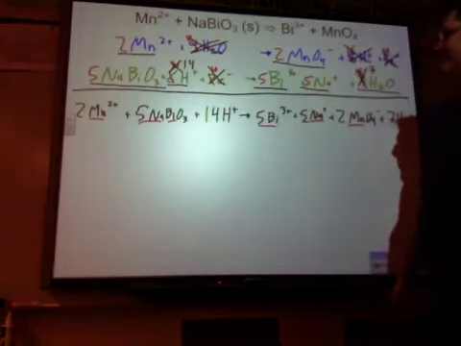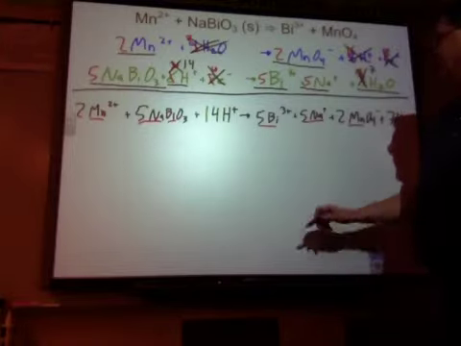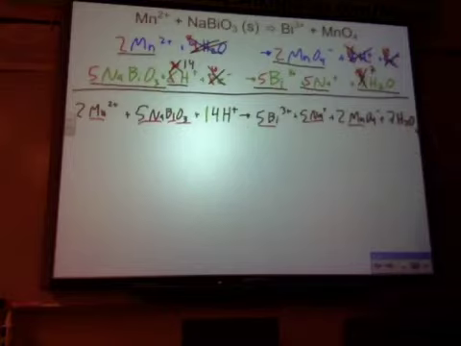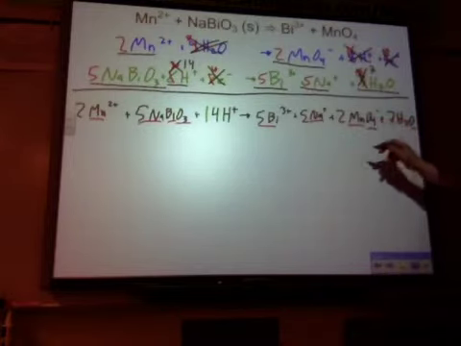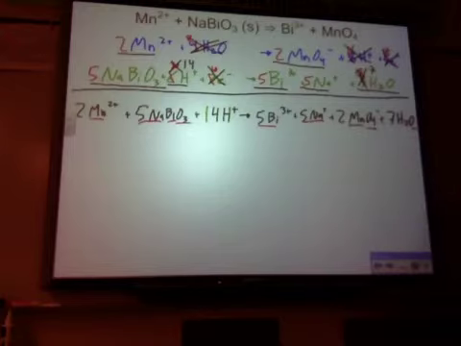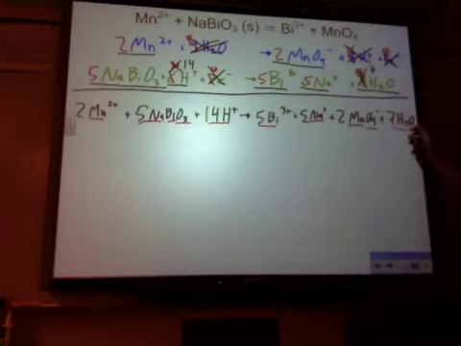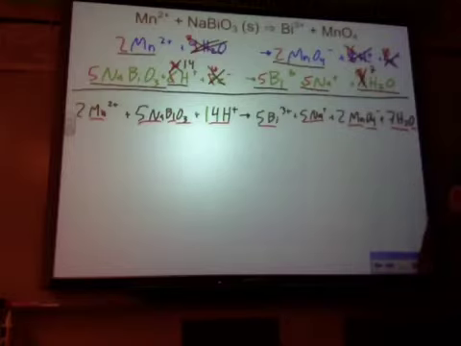Good. 15 oxygen. Over here we have 7 oxygen here, 2 times 4 is 8, 8 more oxygen there. That's good. And then 14 hydrogen, 14 hydrogen. And that, as they say, is that.